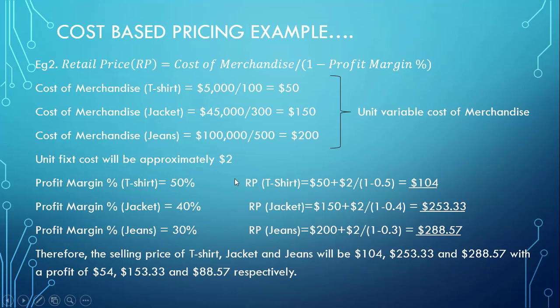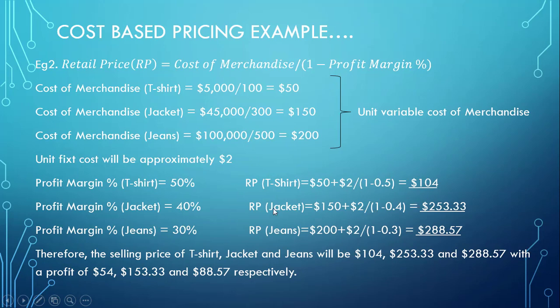When you calculate the retail price for the t-shirt, you add $50, which is the unit variable cost, and $2, which is the unit fixed cost, which will be $52, with a profit margin of 50%. That means 1 minus 0.5. Then you are going to sell the t-shirt for $104.